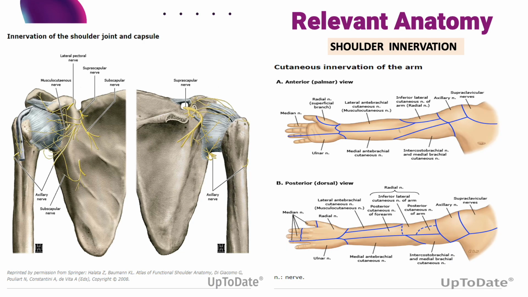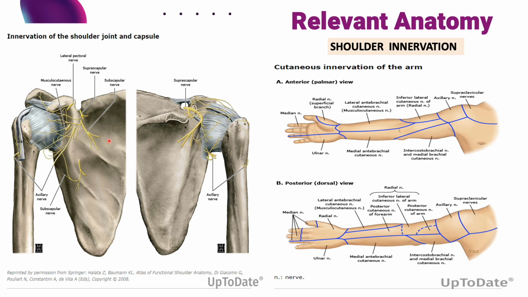As most of the indications for interscalene brachial plexus block involve the shoulder, let's briefly look at the anatomy and innervation of the shoulder. The shoulder joint, also known as the glenohumeral joint, is innervated by articular branches of 5 nerves, that is the subscapular nerve, the suprascapular nerve, the lateral pectoral nerve, the musculocutaneous nerve and the axillary nerve, and all of these originate from C5 and C6.